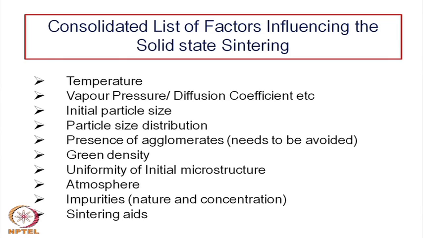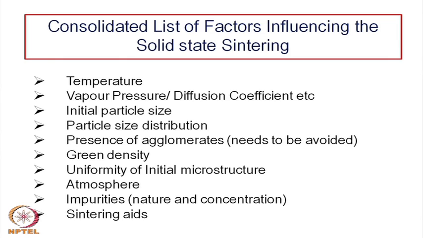So, pore removal will be extremely difficult if you do not have a uniform particle dispersion in the slip or even during dry pressing, cold pressing, or even isostatic pressing, cold isostatic pressing.